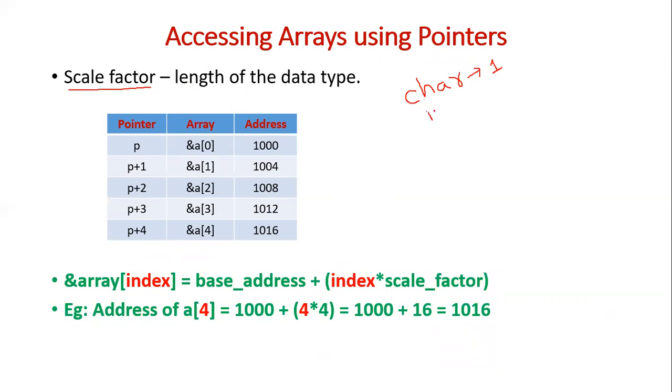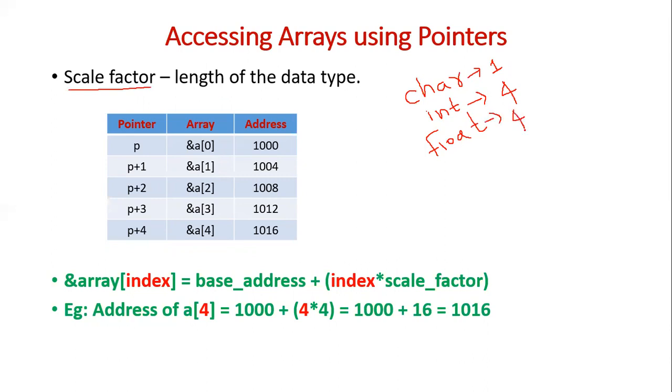If you take integer, it occupies 4 bytes. So the scale factor of integer is 4. If you take float, it again occupies 4 bytes, so the scale factor of float is also 4.